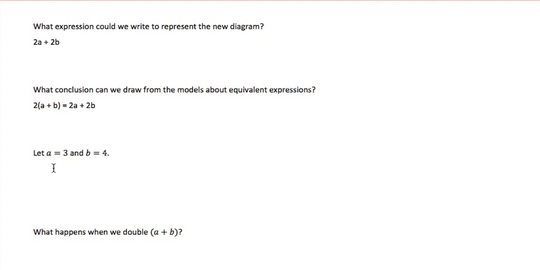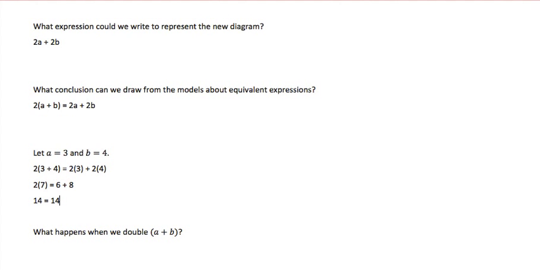Now we're going to substitute. Let a equal 3 and b equal 4. So let's substitute. 2 times (3 plus 4) is equal to 2 times 3 plus 2 times 4. And let's solve and see if that's true. 2 times 7 is equal to 6 plus 8. 14 is equal to 14.